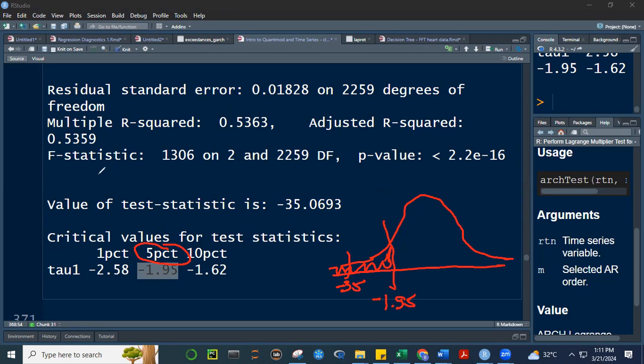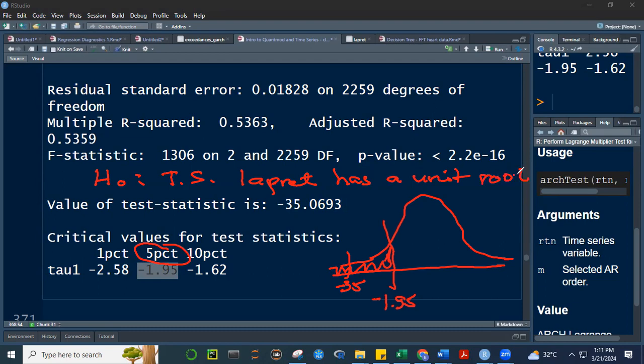So what's the null hypothesis? It's the same as your ADF test. It's that the time series in consideration, which is your log Apple returns, has a unit root. It has a unit root.